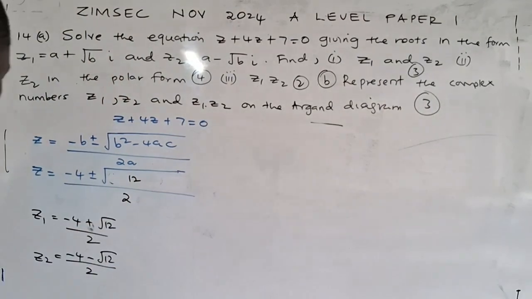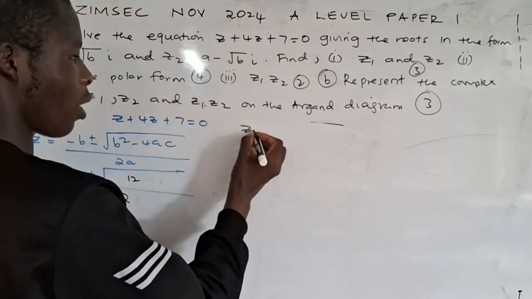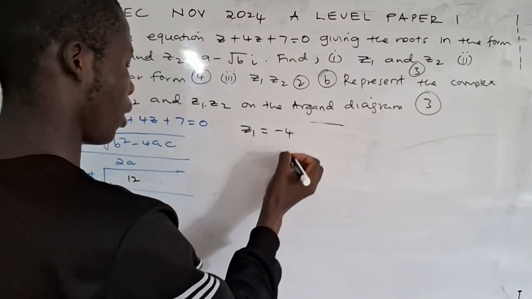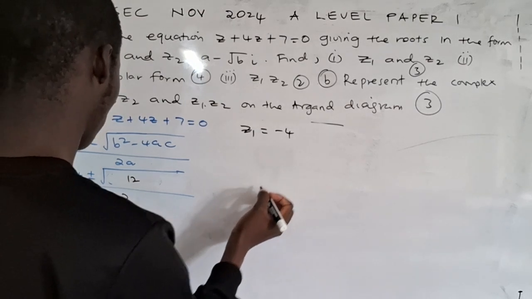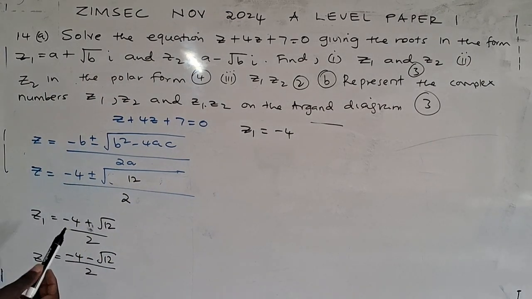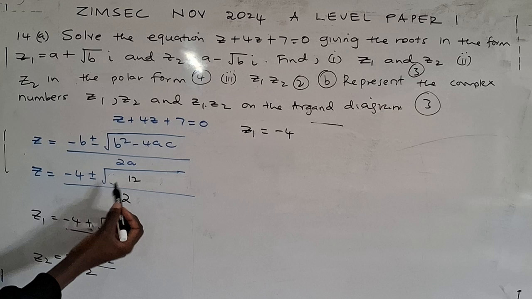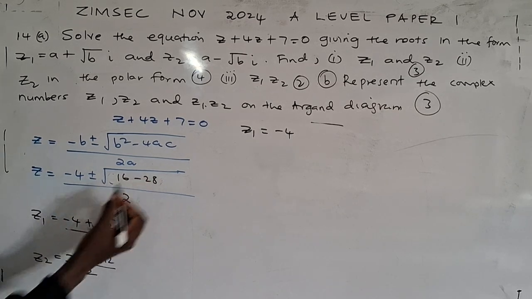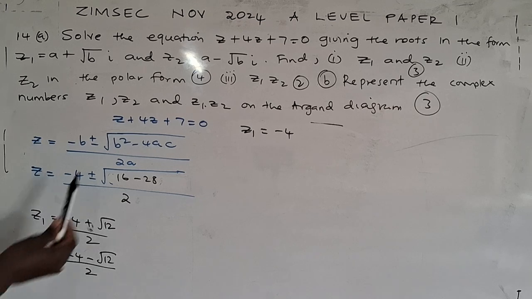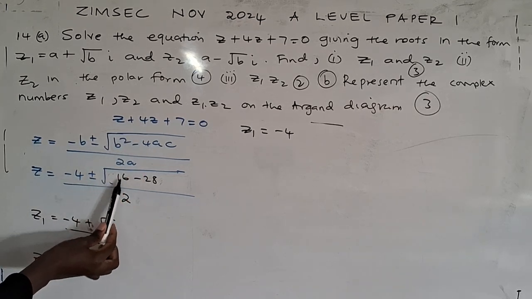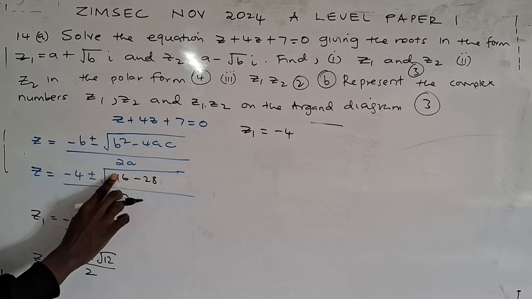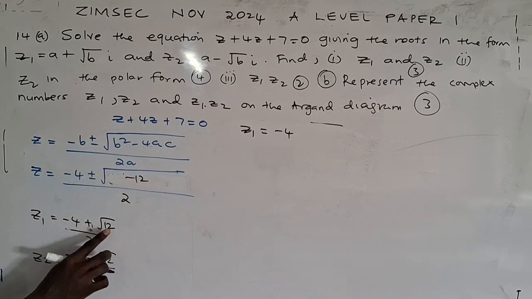So z1 is equal to negative 4. Here, b squared was 4 squared, which is 16, minus 4 into a, which is 1, into 7. So this is negative 12.